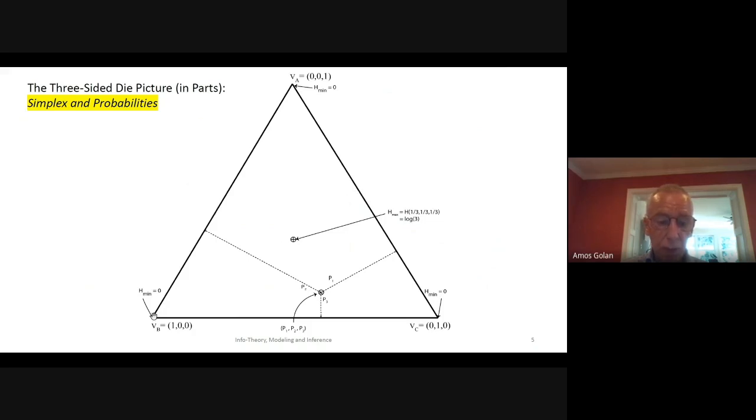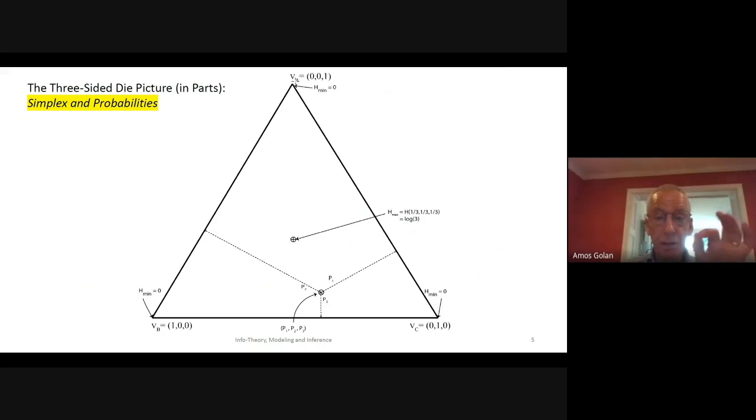So here it means that the probability of 1 is 1 and all the others are 0. Here it's exactly different. It's the distance from here. So this will give a probability of 1 on 2 and probability of 0 for 1 and 3. And the same thing here for 3, probability of 1 on 3. This is the value for 3.